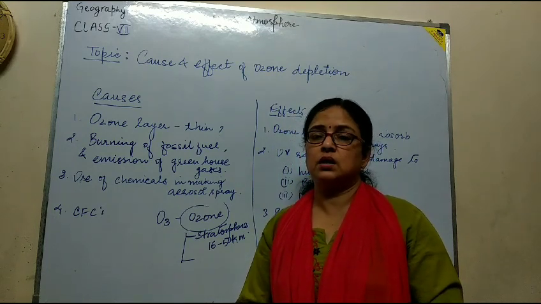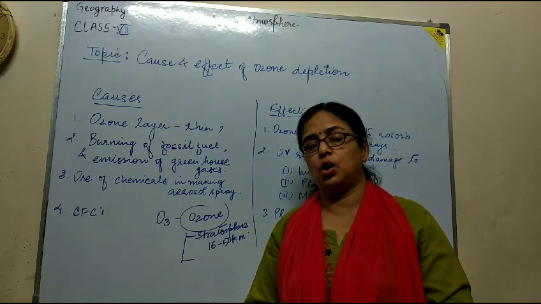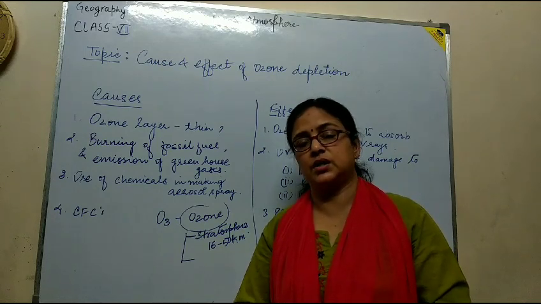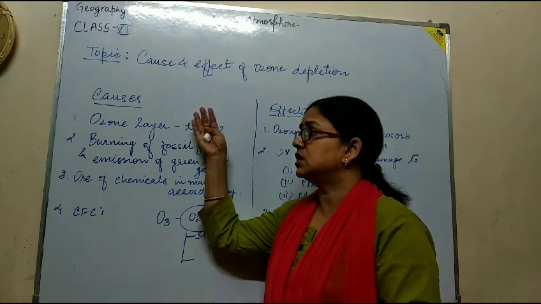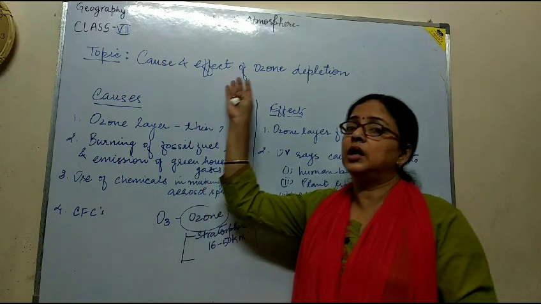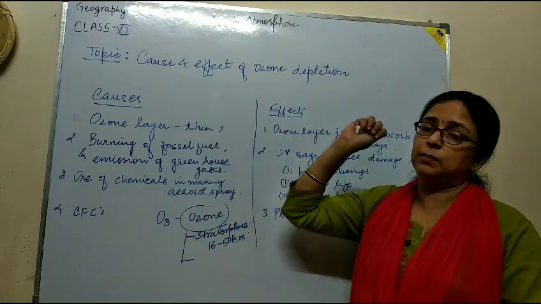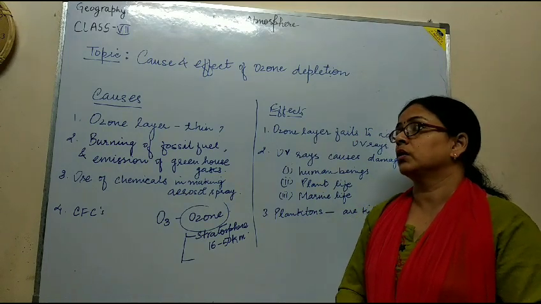But once the refrigerator is not in use, it is thrown away or broken up, then it releases the CFCs in the atmosphere. So these are certain reasons for the depletion of ozone. Because of that, there is a depletion of the ozone layer in the atmosphere.